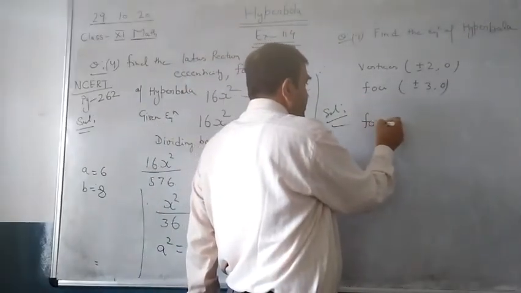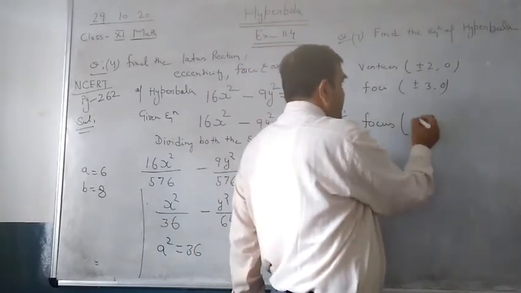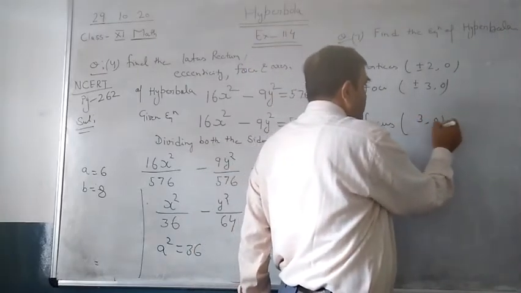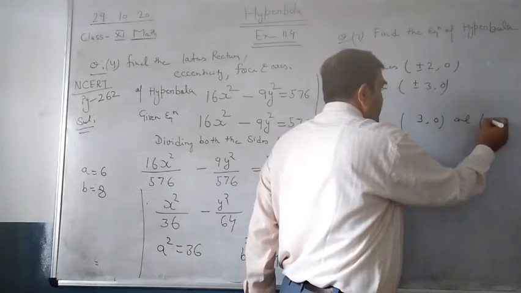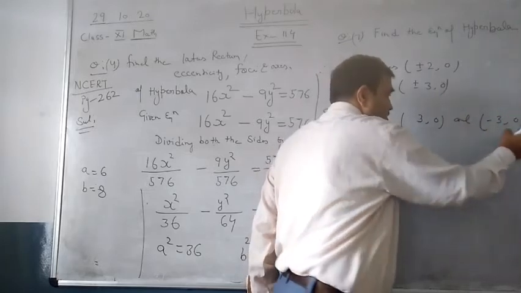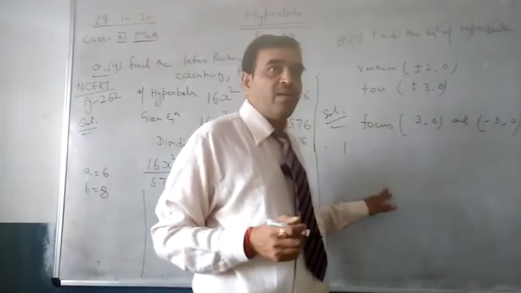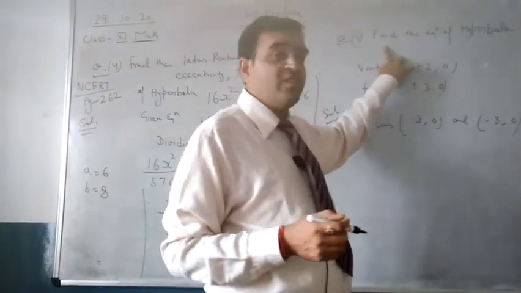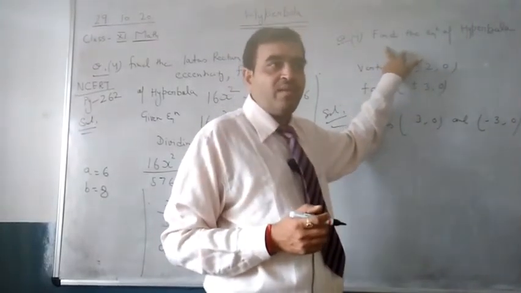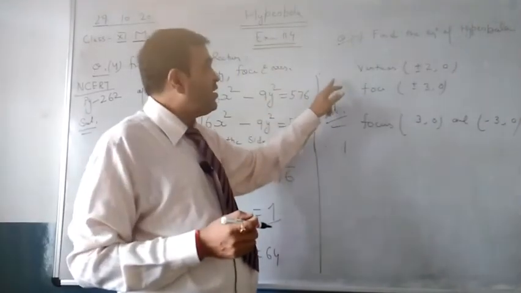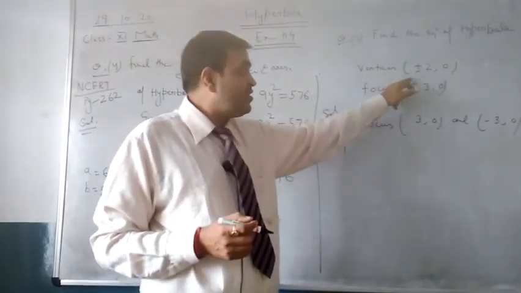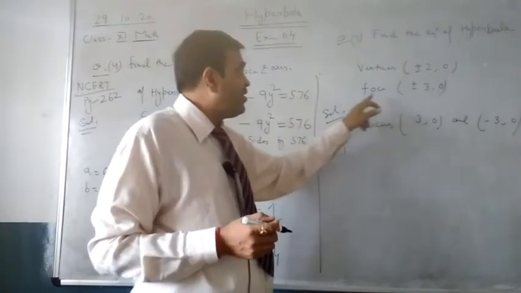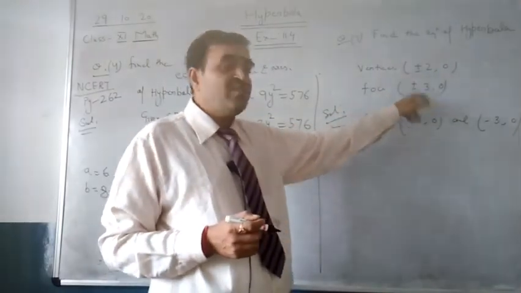The foci of hyperbola are 3 comma 0 and minus 3 comma 0.